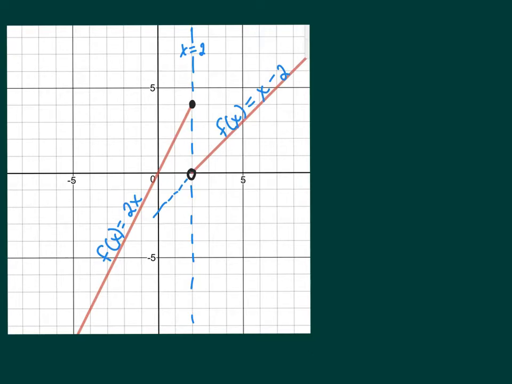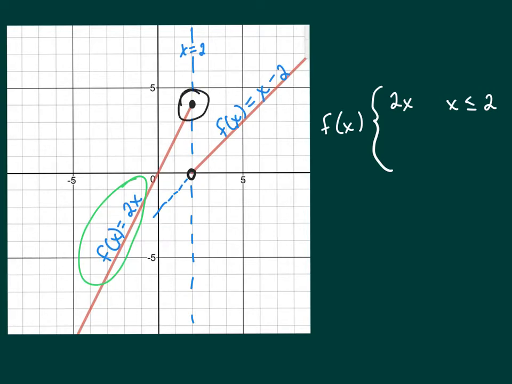So what we do is we create a piecewise equation out of this. So we have f of x, a little bracket there, and we have 2x, that's for this one right here, and then I'm going to write my domain restriction like I was doing on the other slides. So that is for x is less than or equal to 2. I wrote the or equal to because of the closed circle right there.